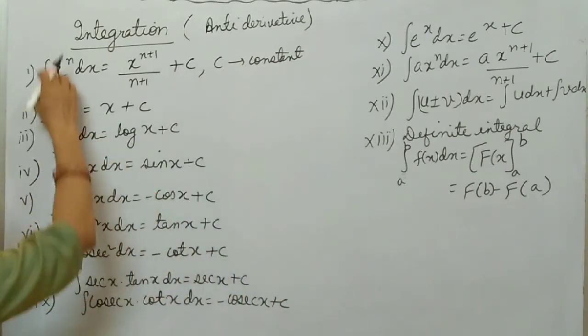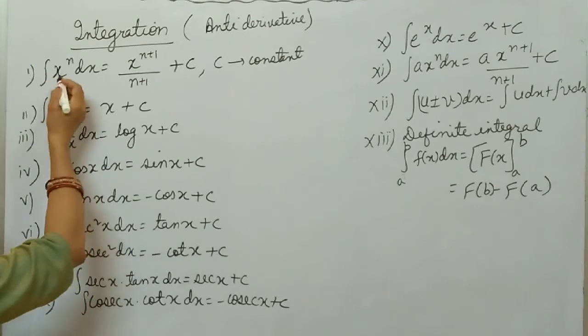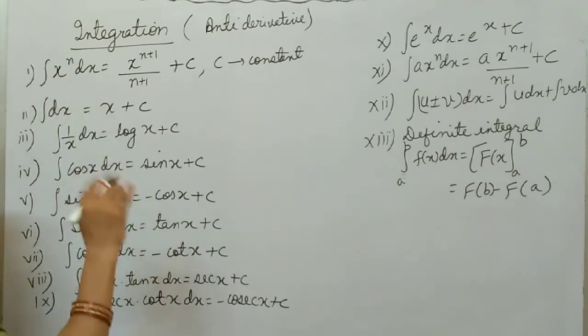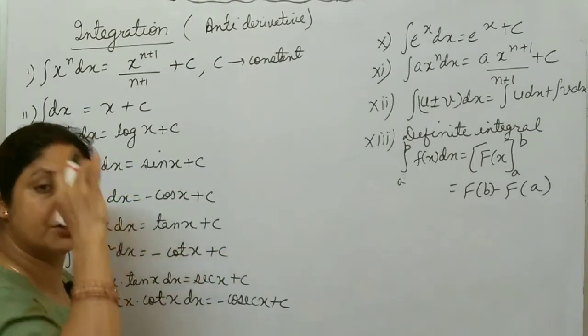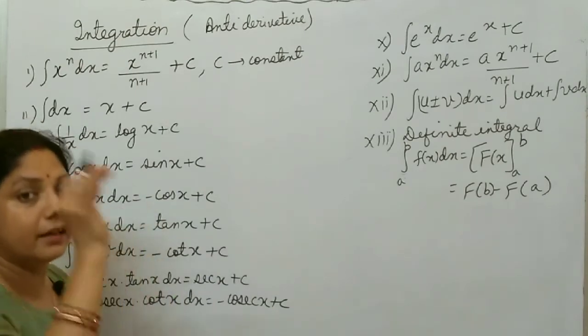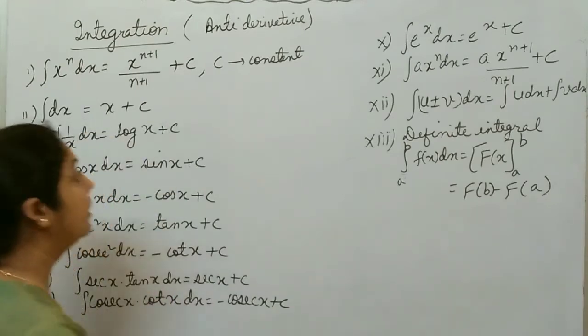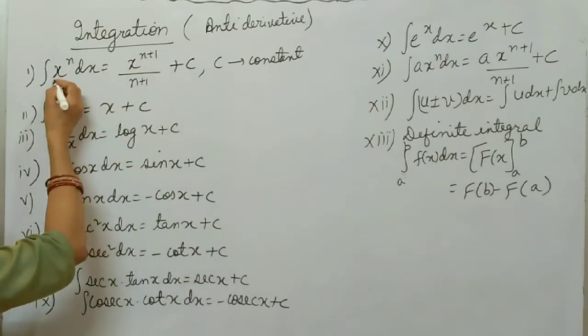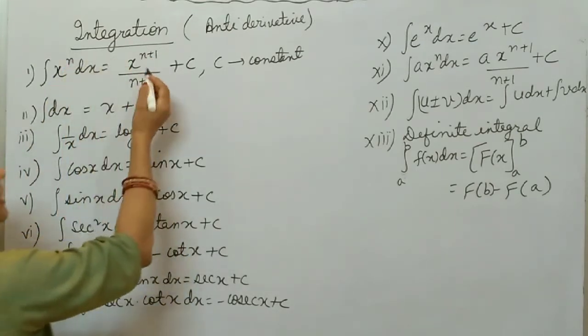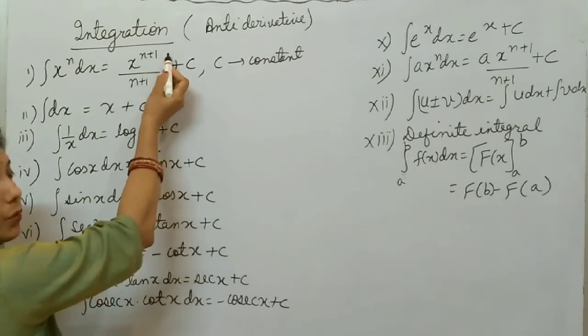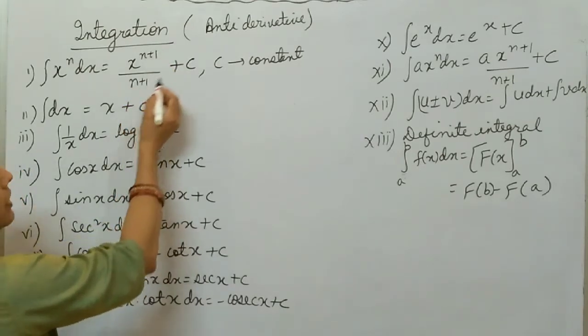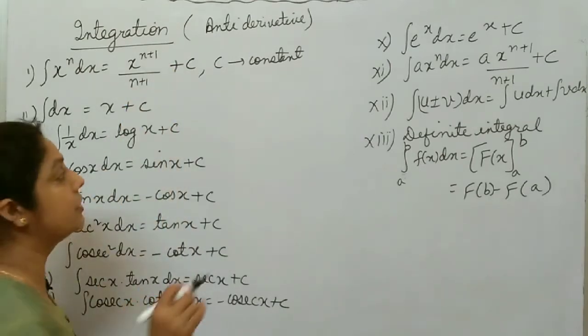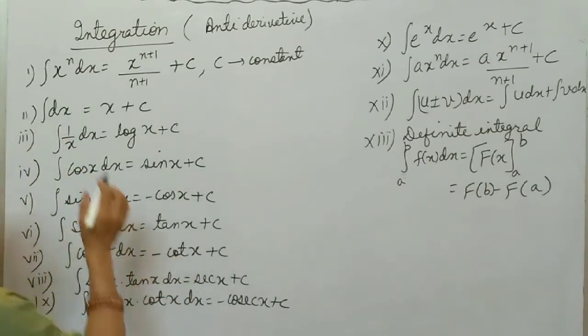First is integration of x to the power n dx. Differentiation of x to the power n is n x to the power n minus 1, where the power decreases by 1. Here the power increases. Integration of x to the power n is x to the power n plus 1 divided by n plus 1, plus some constant. C is the constant of integration, right?